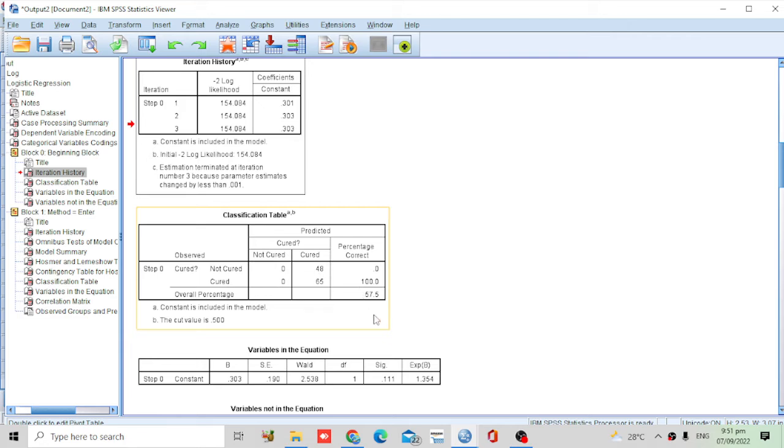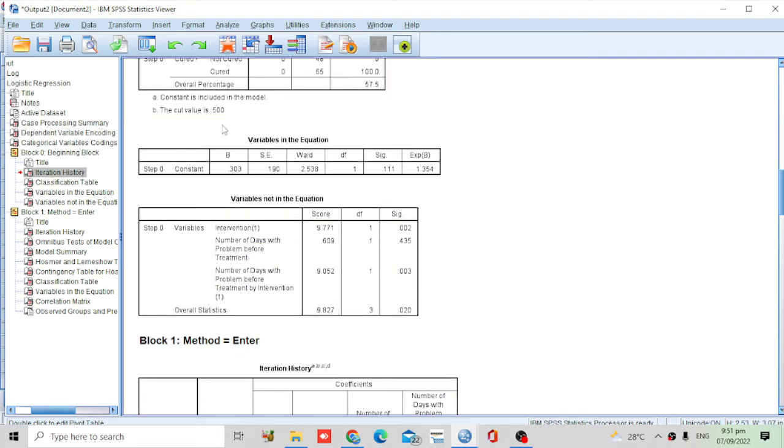This is actually the probability or the percentage of correct matches, meaning 57.5% of accuracy that we give predictions to our observed data.